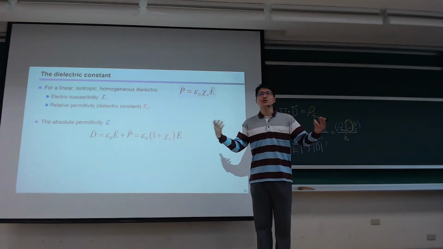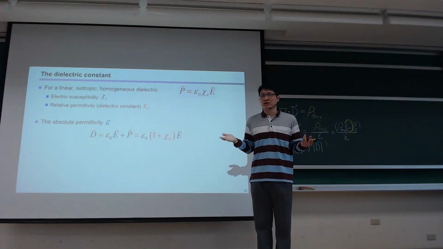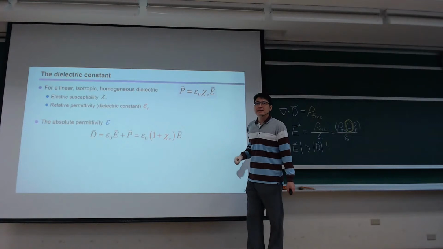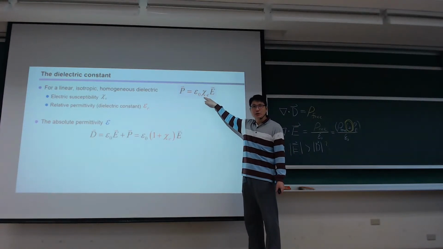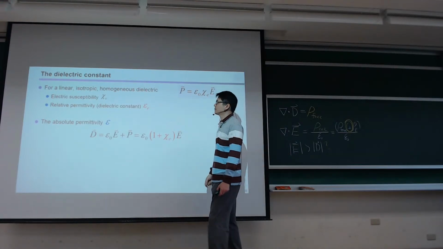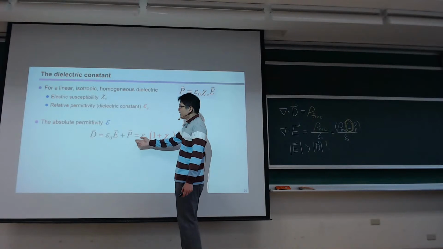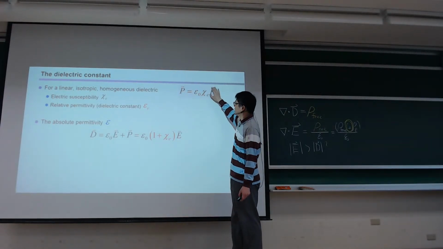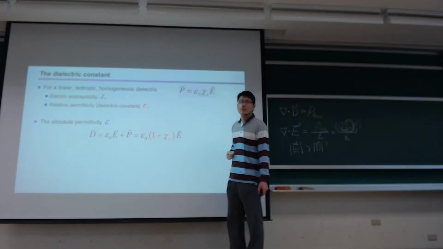It cannot contribute to electric dipoles. In another sense, metal has a very huge chi E. It's almost infinite, right? So now we have P equals epsilon 0 chi E times the E, external field, right?